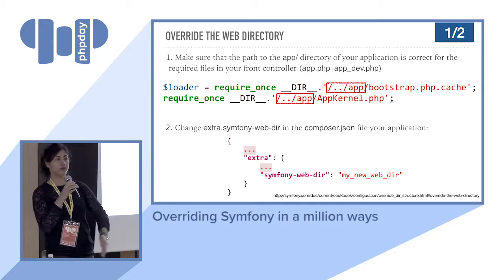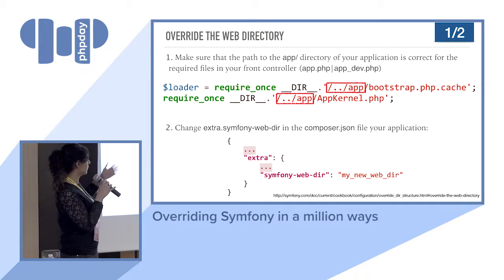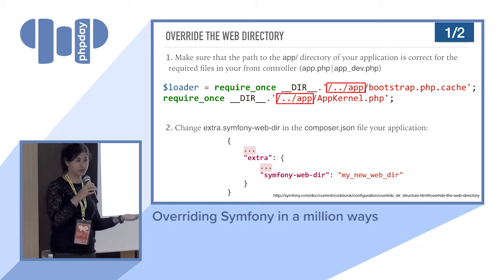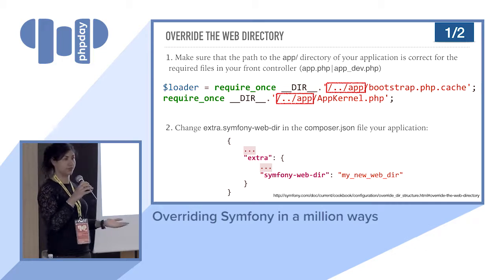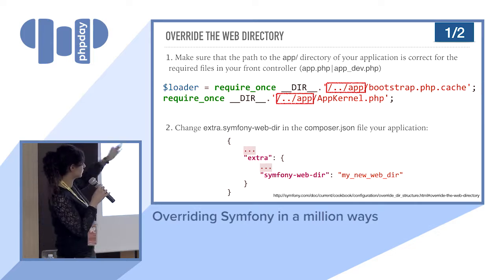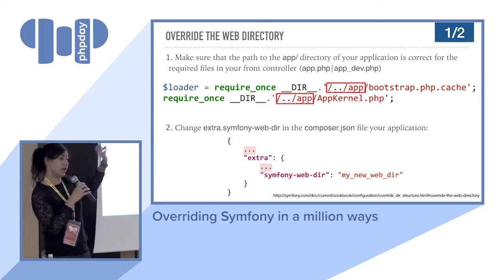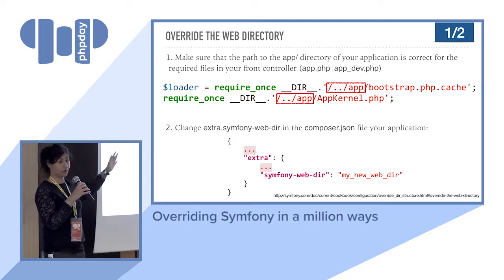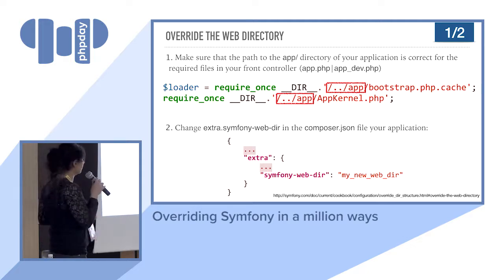When I say front controllers, I'm talking about app.php, app_dev.php, or whatever, okay? And as you can see here, you have two statements saying, okay, I need to require the bootstrap.php.cache, so you will have to change the path to it if you change the web directory.